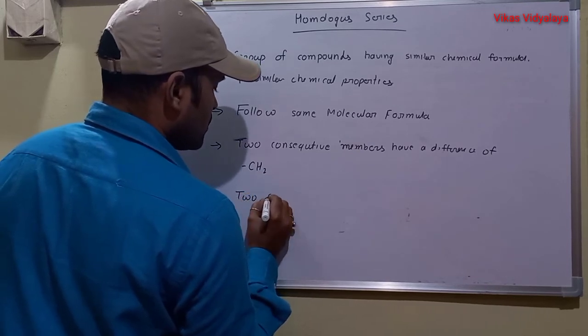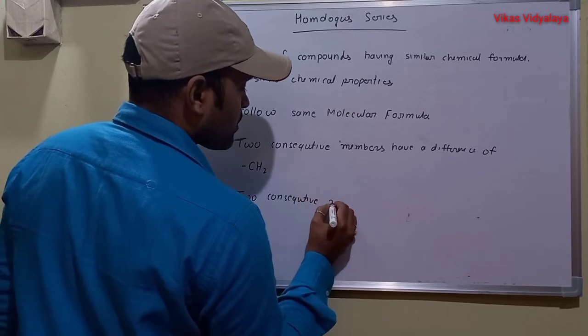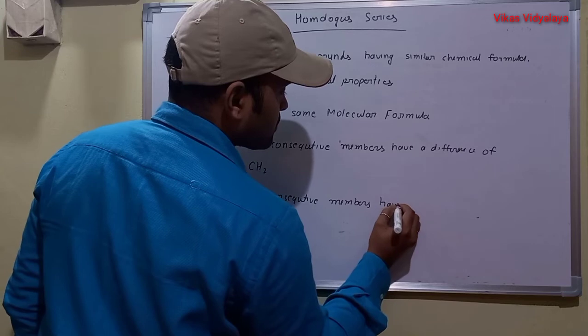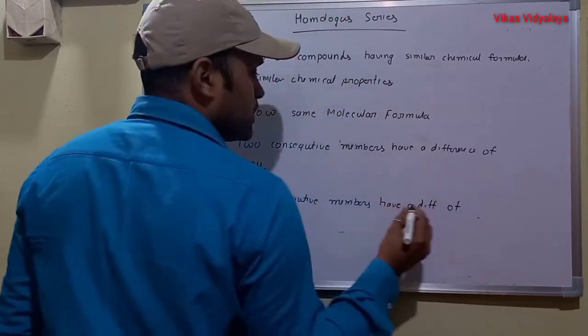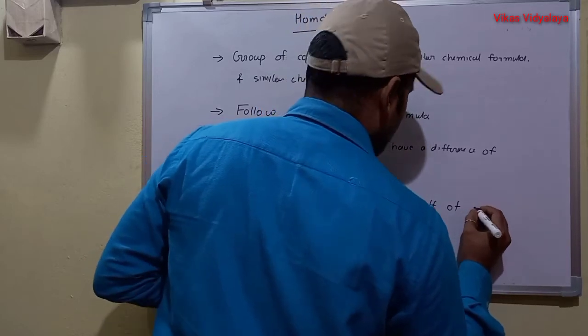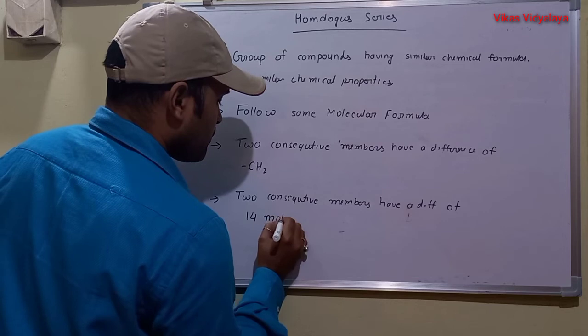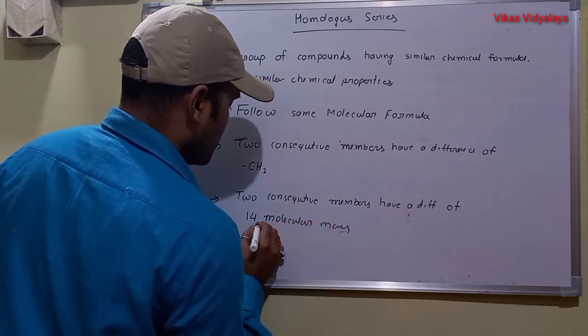Similarly, two consecutive members have a difference of 14 AMU molecular mass.